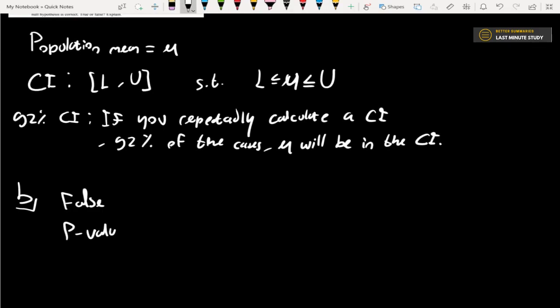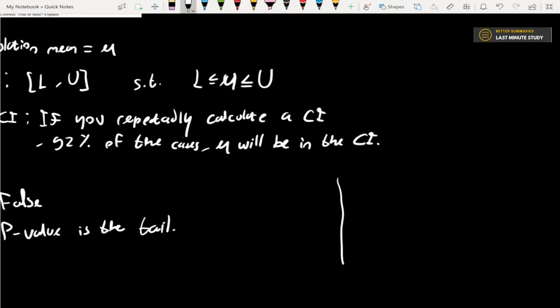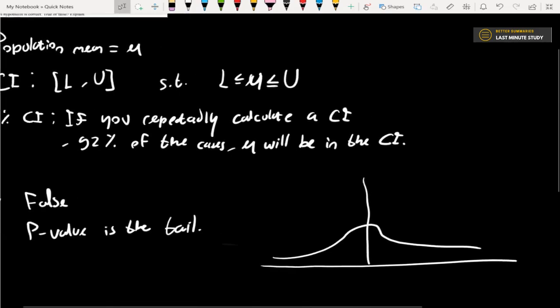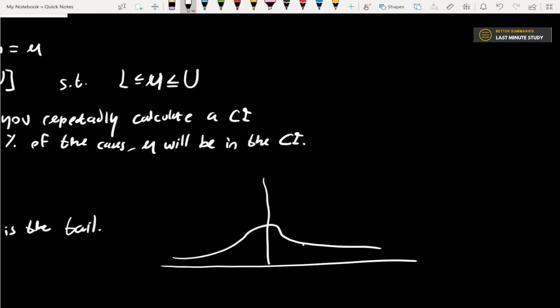The p-value is the tail probability. And what does that mean? Well, suppose we have some distribution, right? It goes like this, and we observe a t. So we have a t observed from our sample. This is that minus t observed from the sample.